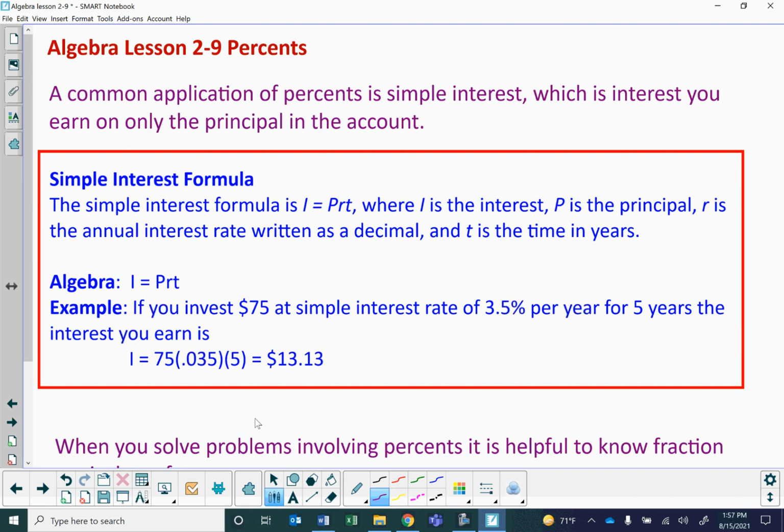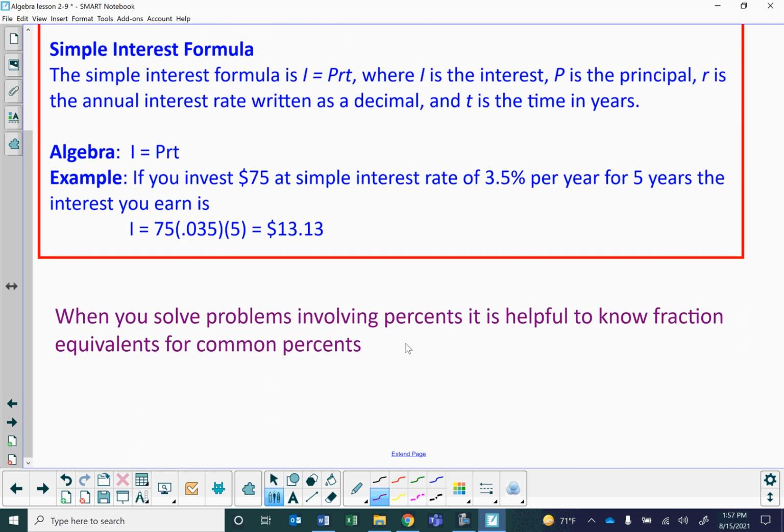So for example, if you invest $75 at a simple interest rate of 3.5% per year for 5 years, the interest you will earn is 75 times 0.035 times 5, or $13.13.